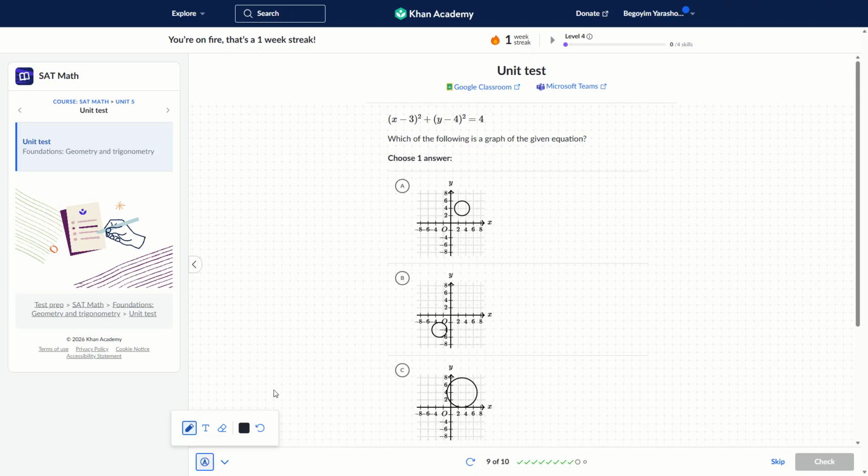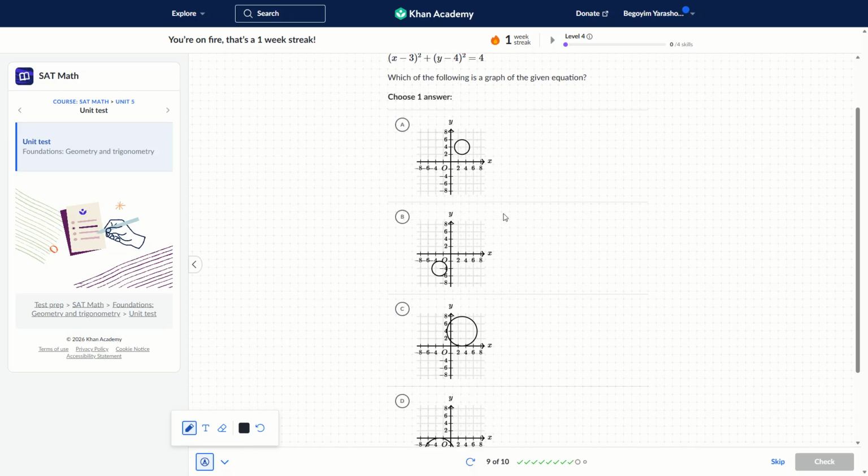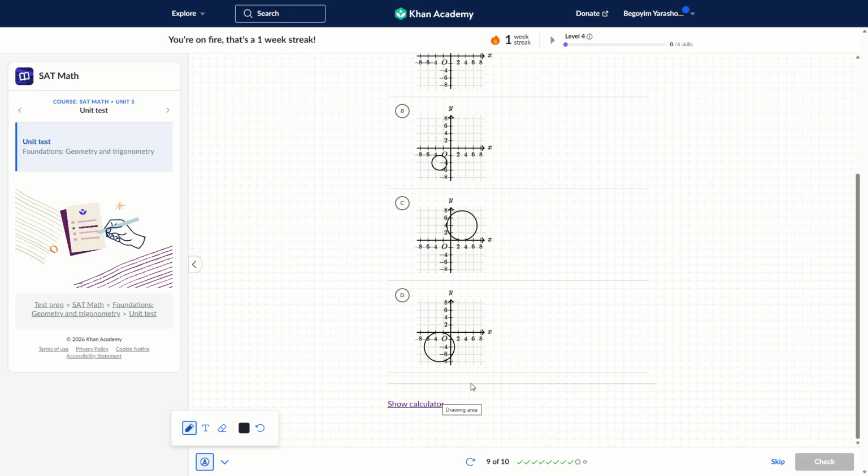Next. Choose which of the following is the graph of the given equation. Here you can do it by using a calculator, so let's try.